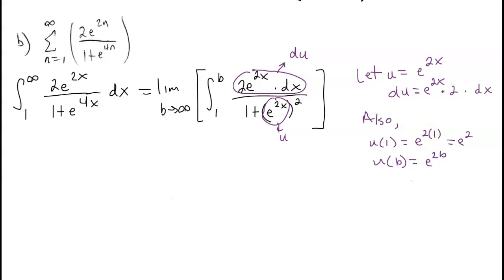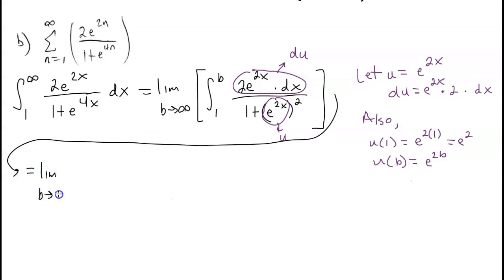So with all that said, basically what this means is that now we have the limit as b approaches infinity of, and now we're going to write everything in terms of u.